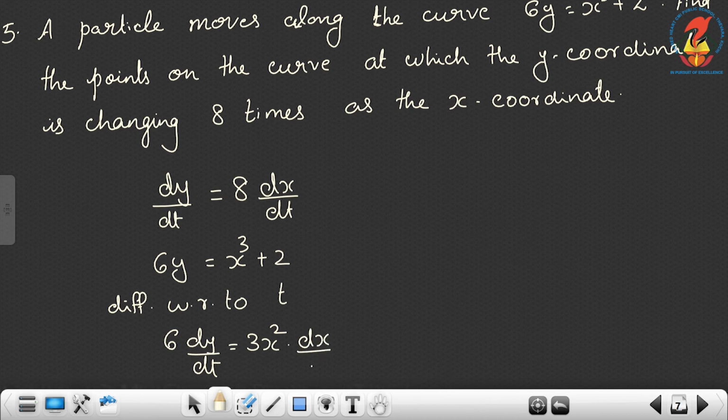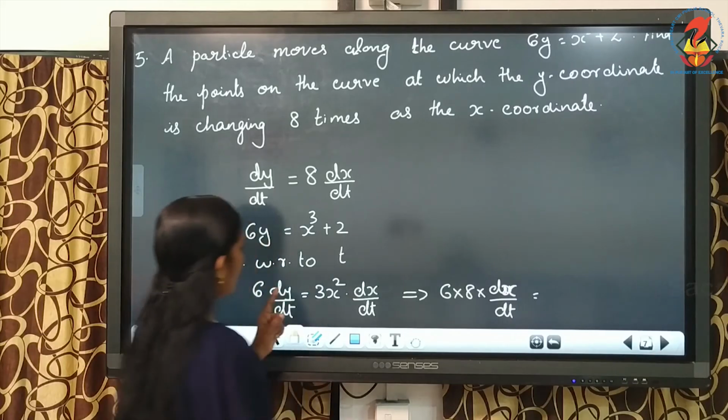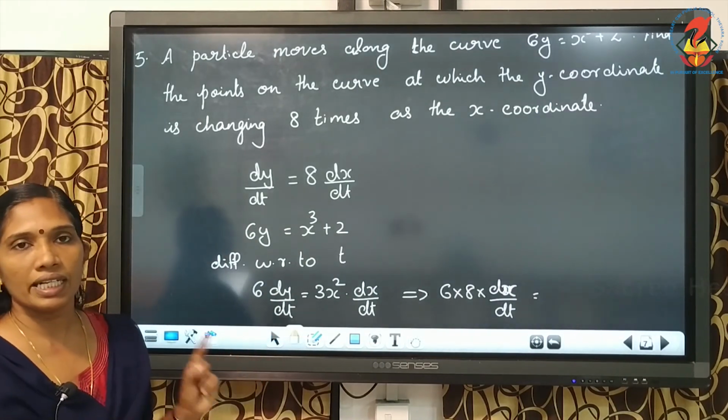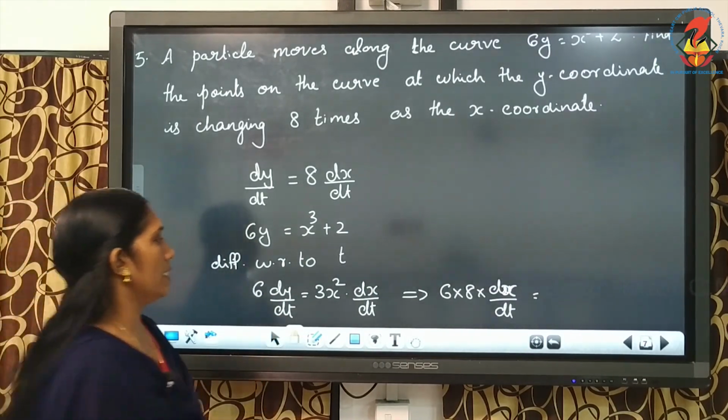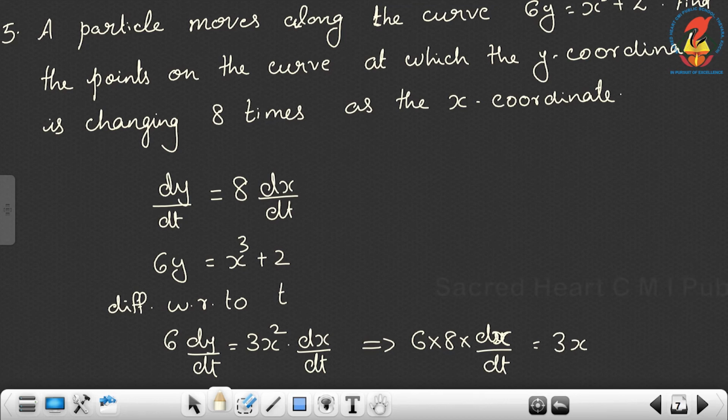So you have to write dx by dt. Now substitute for dy by dt, which implies 6 into 8 into dx by dt. Instead of dy by dt, we can write as 8 dx by dt. Now right hand side is 3x square dx by dt.